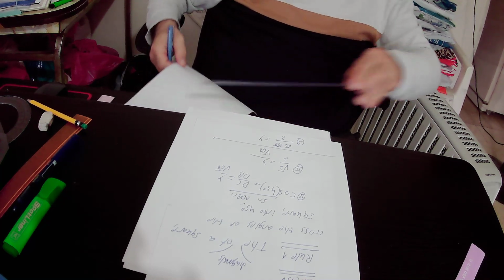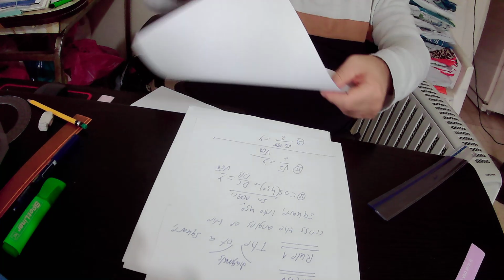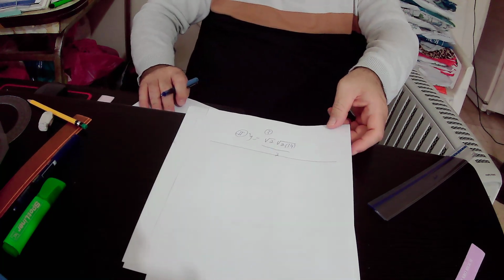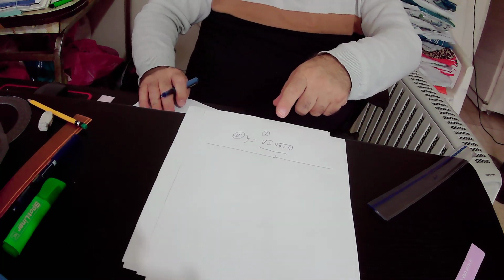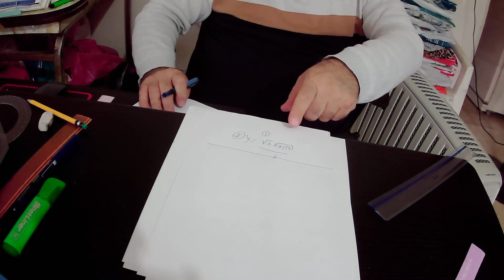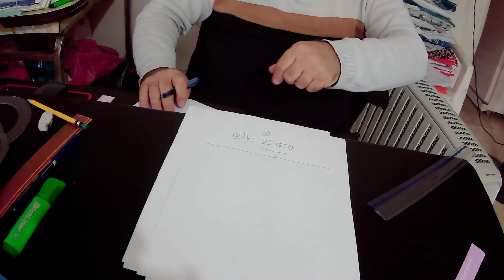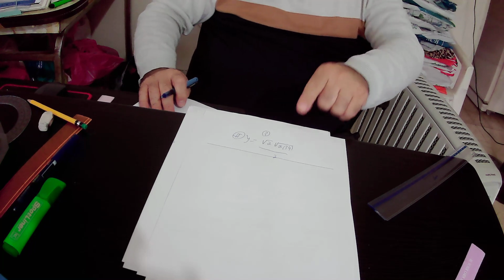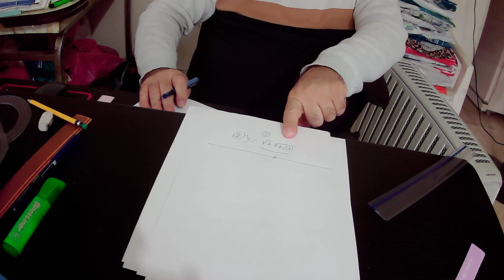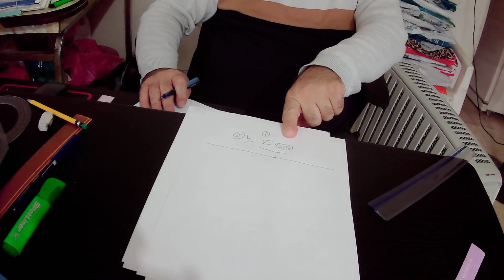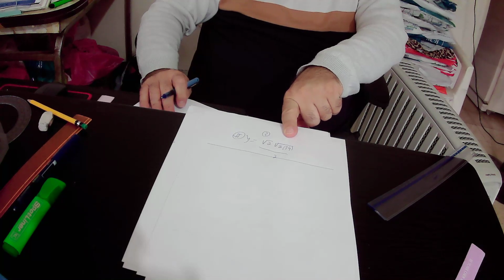So I found out that y equals the square root of 2 times the square root of 2 times 34 over 2. Here we can split the root into two roots, and the root of 2 times 34 equals root 2 times root 34.